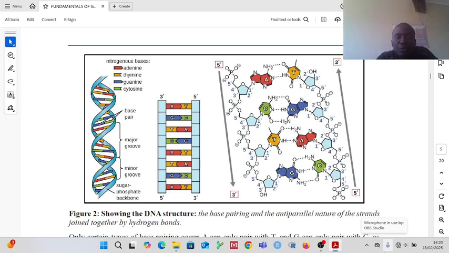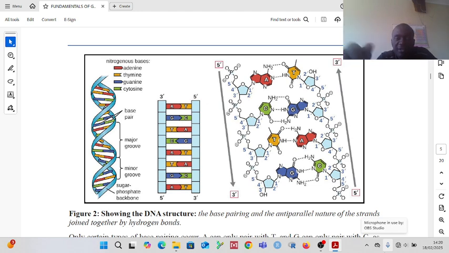Then what makes these two strands come together is the complementary base pairing. So adenine base pairs with thymine. Then guanine base pairs with cytosine. So the complementary base pairing is AT and GC. Okay, AT, GC.